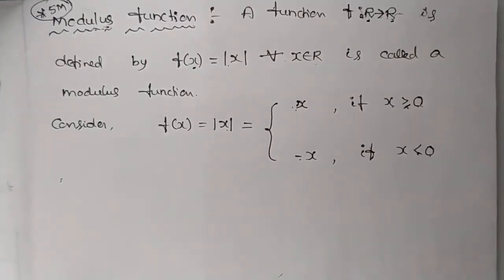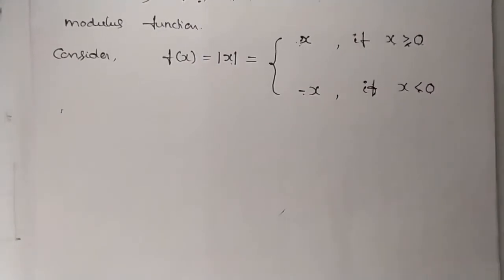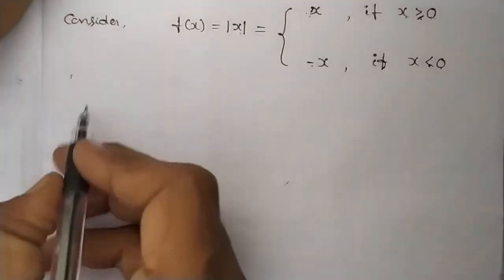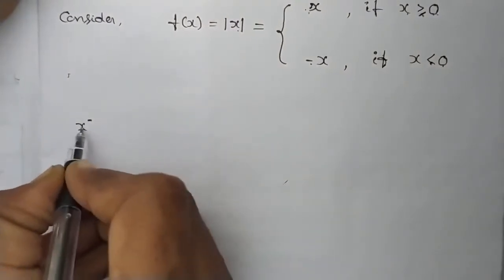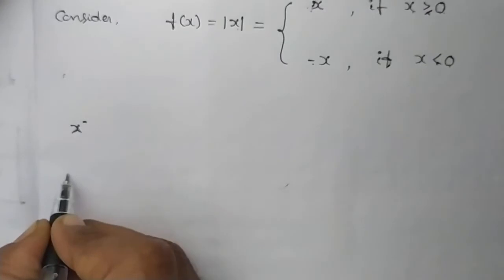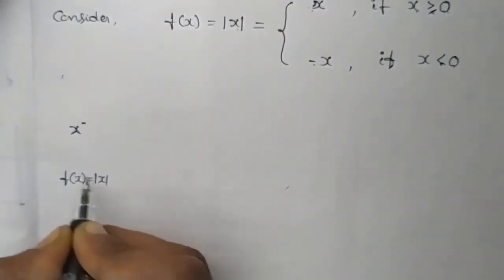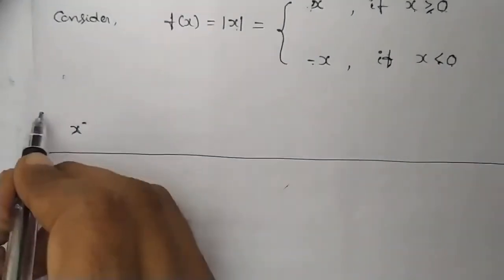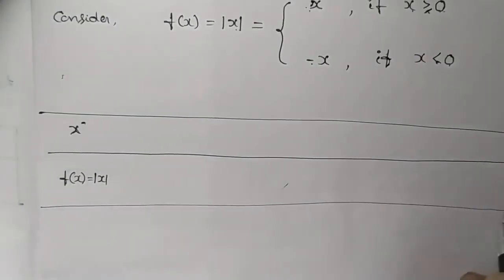Let us draw the graph for this function. Before that, draw the table for this function. It is x and f of x equals modulus x. Just draw the table.